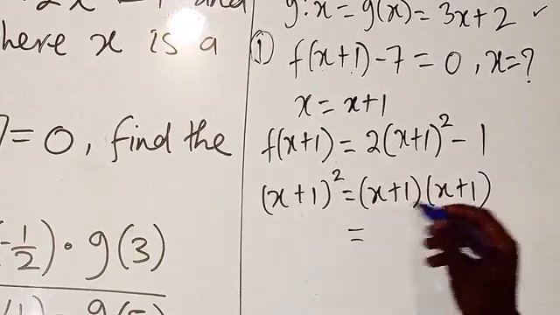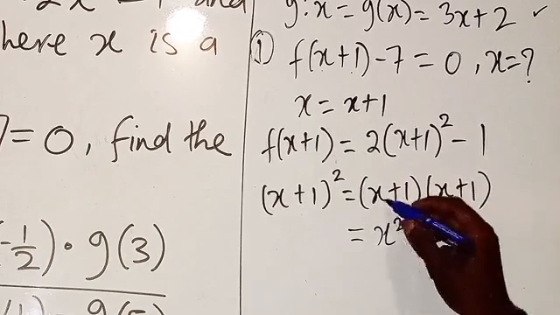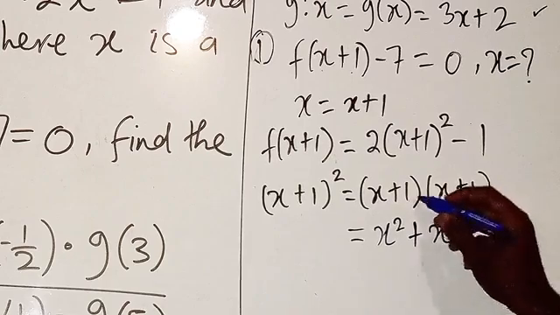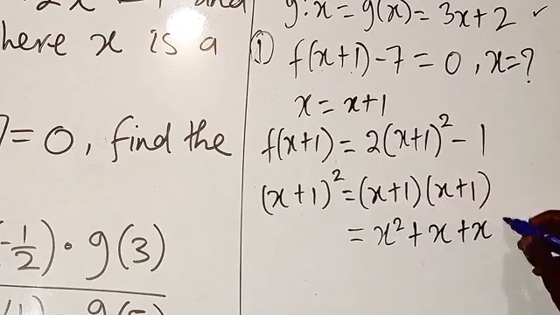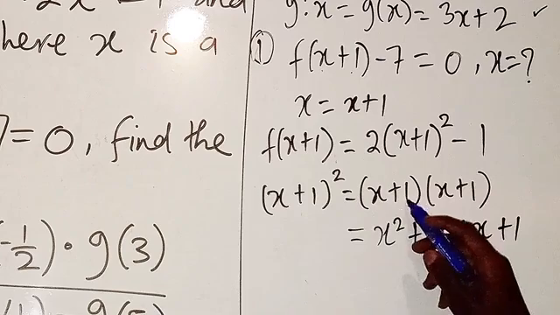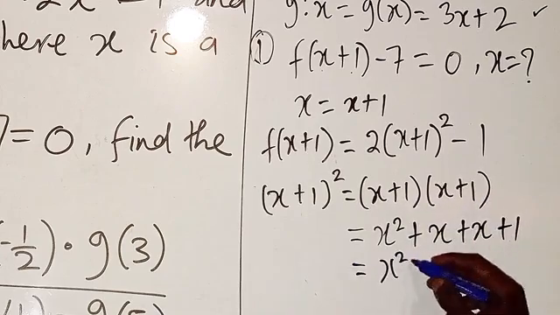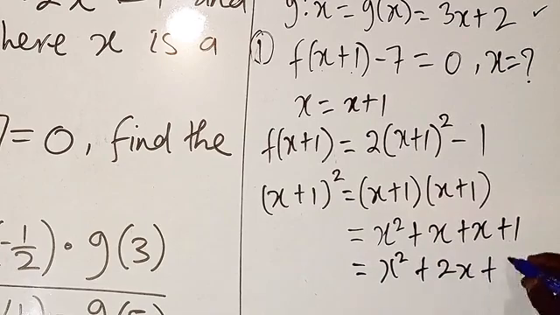We open the bracket by multiplying: x times x is x squared, x times 1 is x, 1 times x is x, 1 times 1 is 1. So we have x squared plus 2x plus 1.